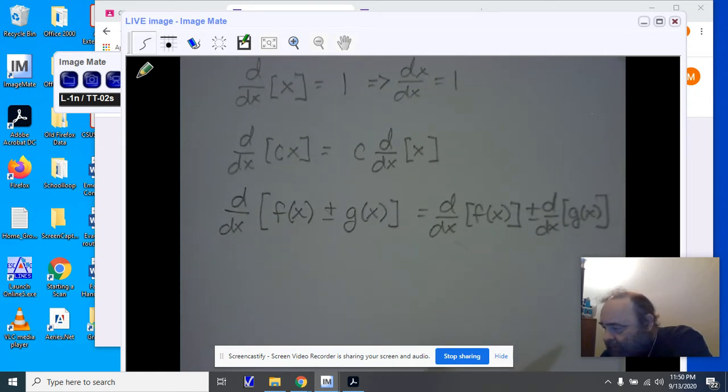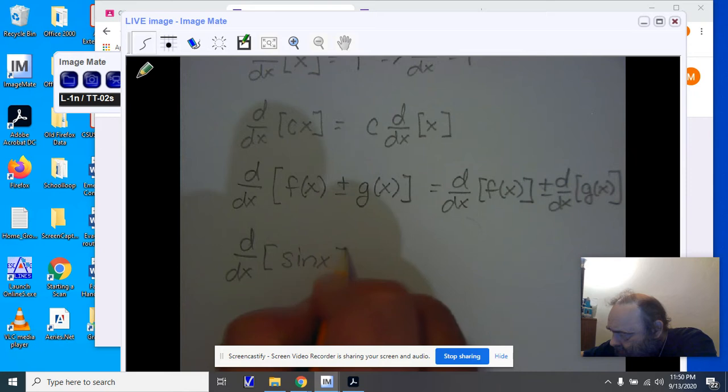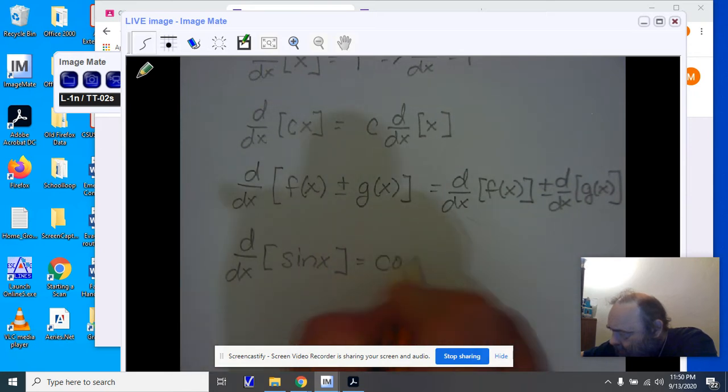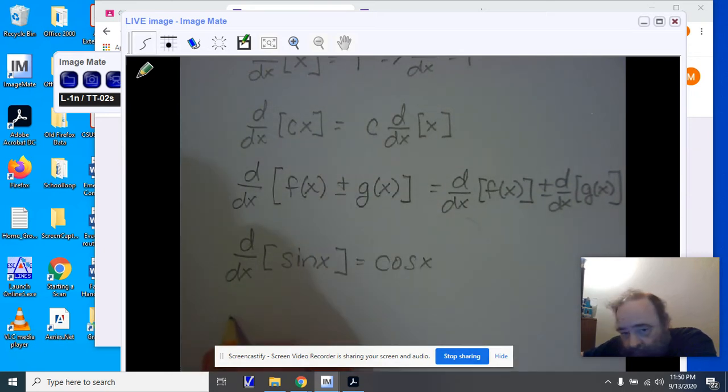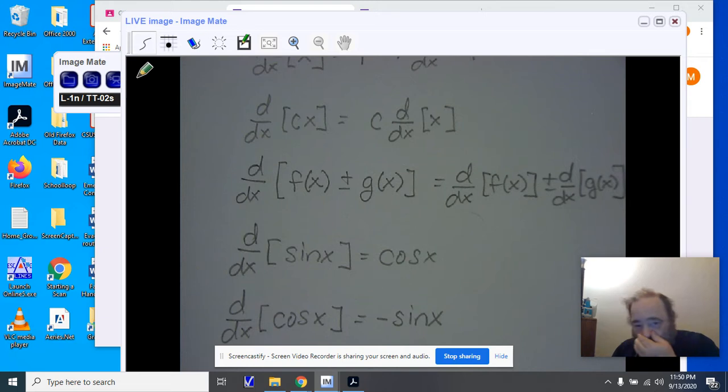Now, we've also seen sine and cosine. D dx of sine of x is cosine of x. And we've seen that the d dx of cosine of x is equal to negative sine x. Okay, so these are our basic rules.